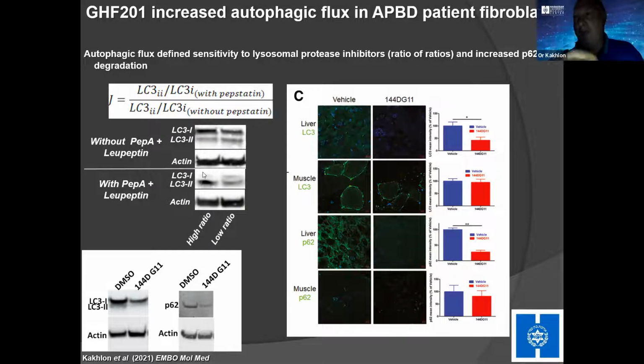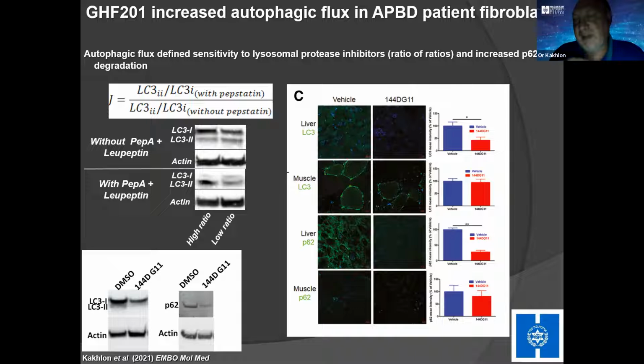Okay, so the idea there is to look at the sensitivity to lysosomal inhibitors, which means that if we have low levels of autophagy, it doesn't matter if you add a lysosomal inhibitor or not, because anyway, the flux is slow. So the autophagy will not be sensitive to lysosomal inhibitors.